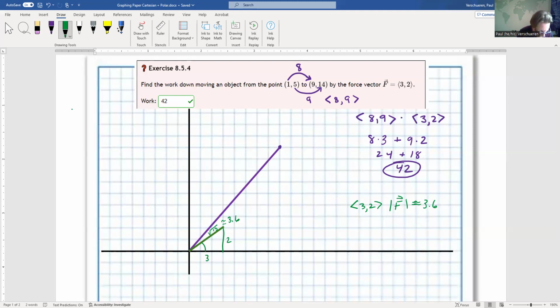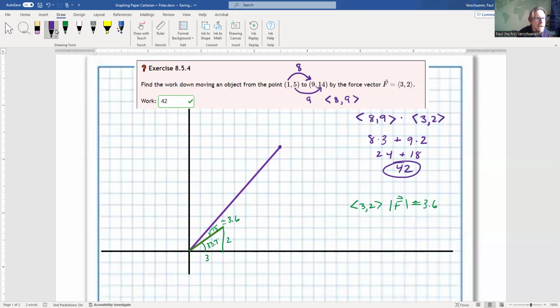I'm going to do it in degrees because I did this in advance in degrees just because it helped me. In degree mode, the arctan of 2/3, that's about a 33.7 degree angle. I'm just going to write that in as 33.7 degrees. Okay. I'm going to pause with that.